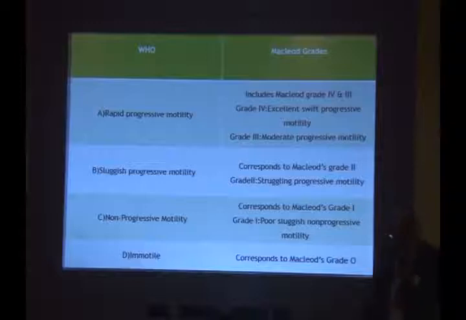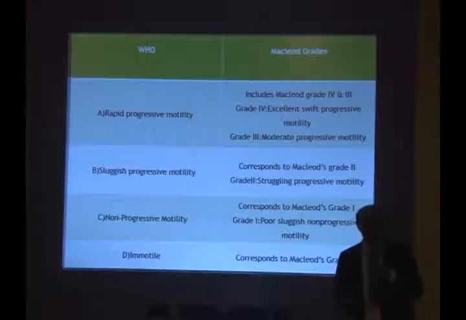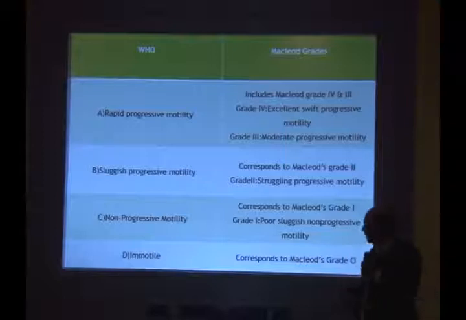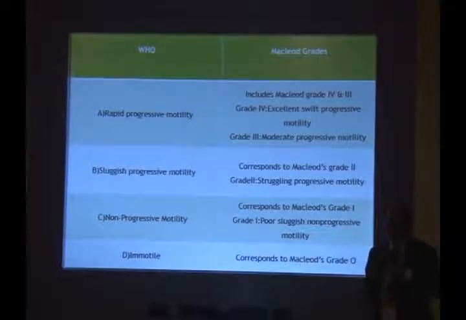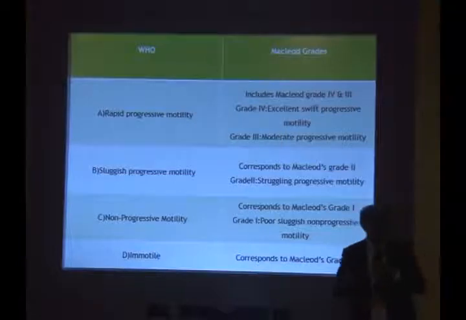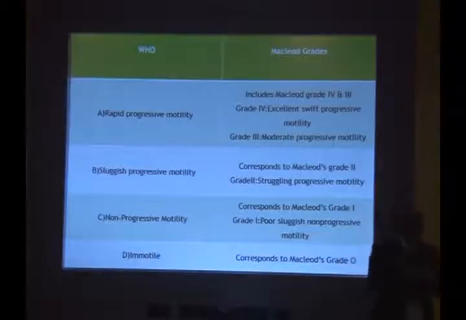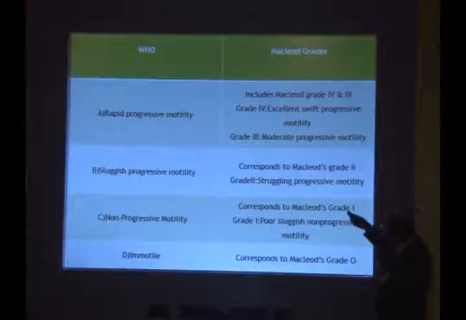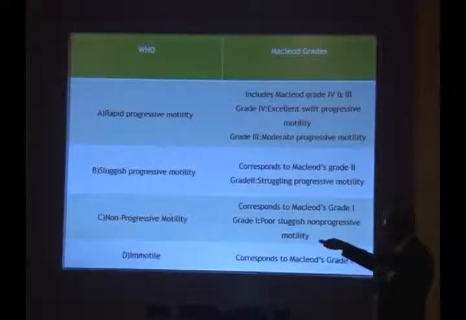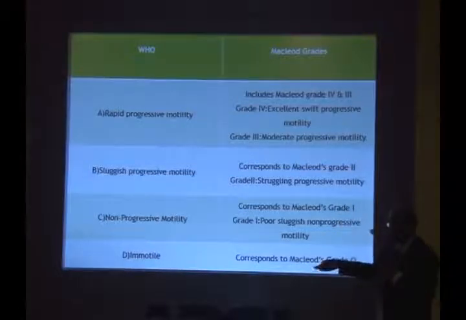The new edition of 2010, again one of the reasons why it is unpopular, wants to club A and B under progressive. They say that technicians are incapable of differentiating the rapid sperm activity in many situations. So to avoid the mistake, we will just give progressive, non-progressive and immotile.